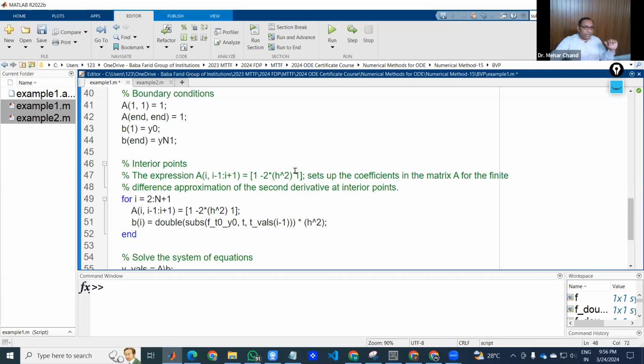Okay, so by using the same we will have these values, these will be the interior points. So first you need to establish the system of equations, then you compare the coefficients.